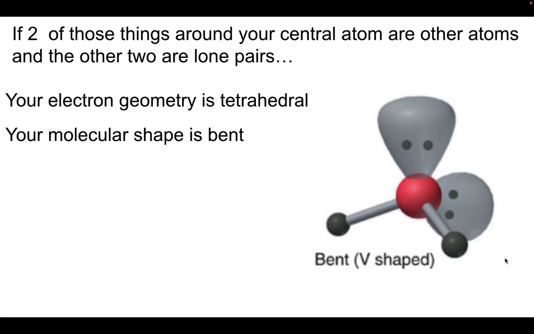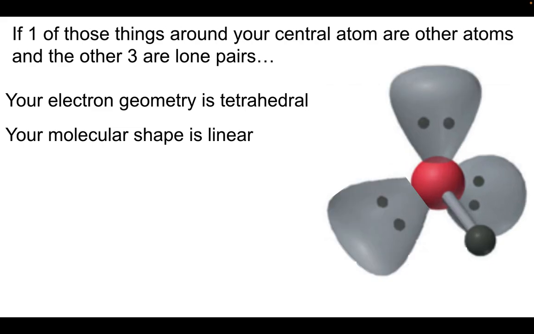If two things are lone pairs, then the space is taken up here and here by lone pairs, and we're going to have a bent shape again that came up earlier. Okay, so your electron geometry is tetrahedral and your molecular shape is bent. If three things are around it, but only one of them is another atom, then it's going to be linear. It's just going to be a straight line. But your electron geometry is still tetrahedral.